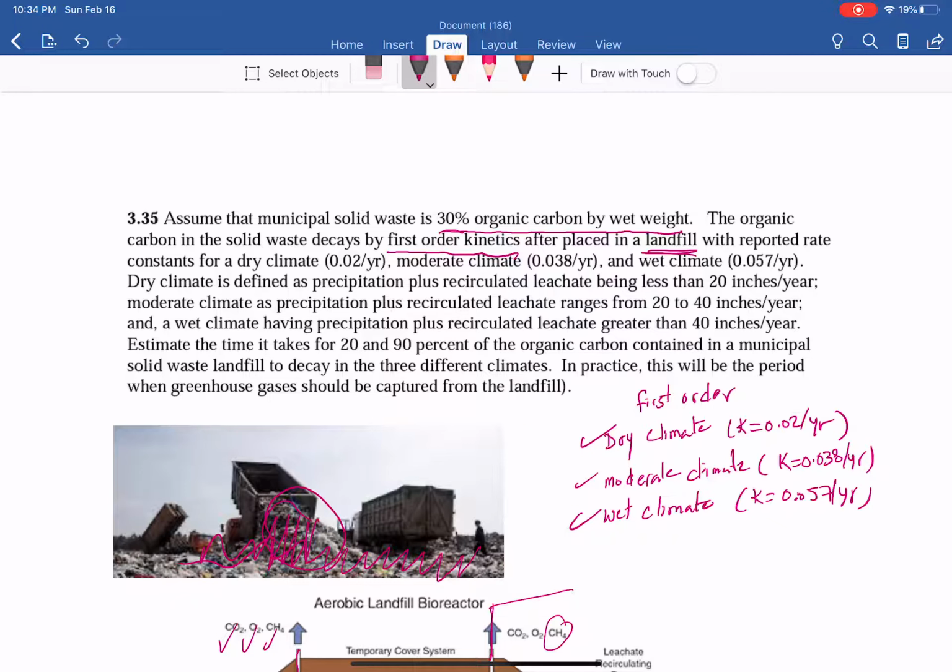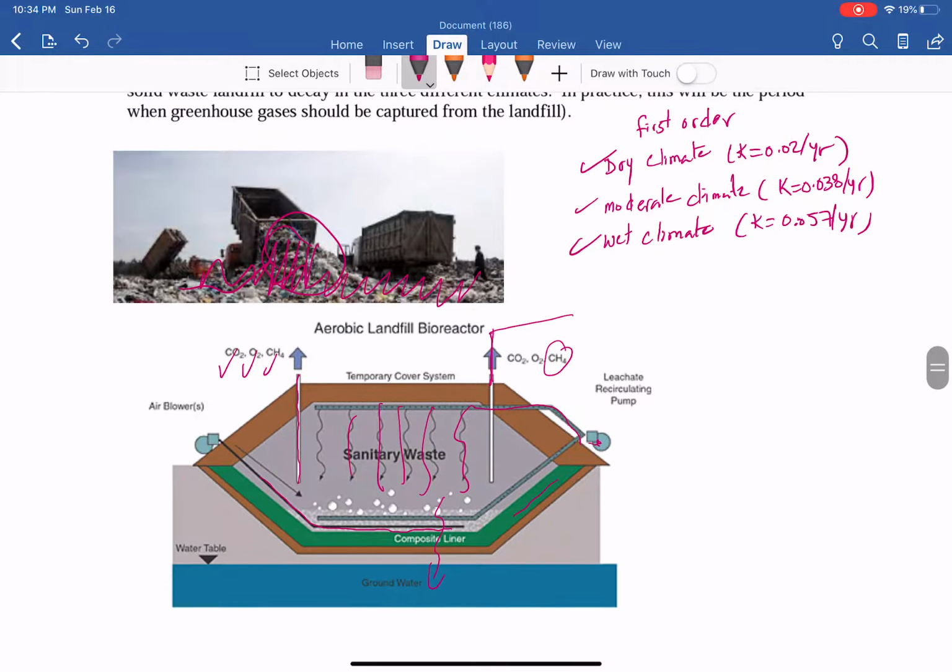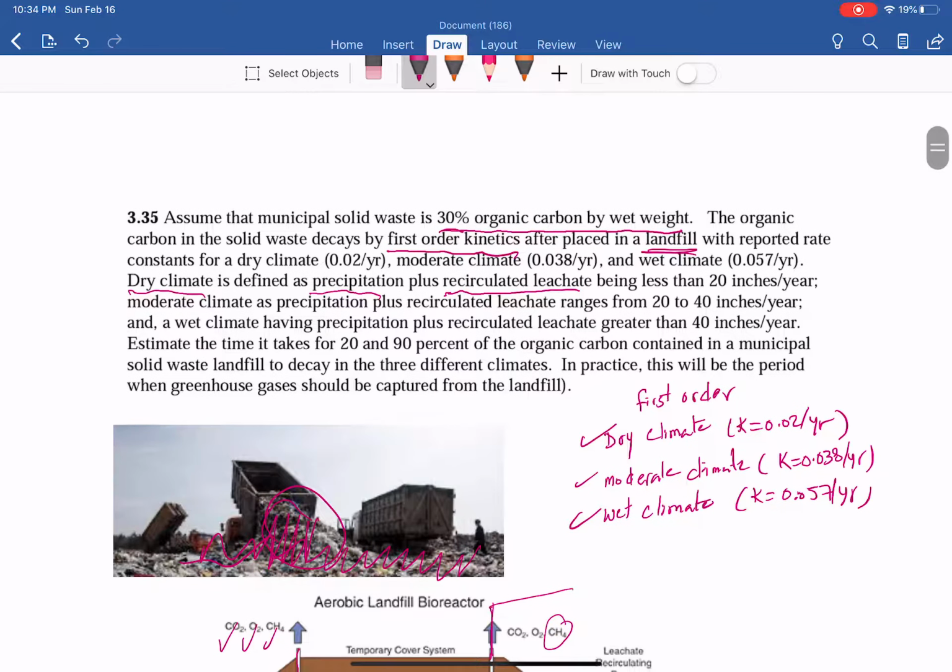Okay? Look at the way that he defined dry climate. It's defined as precipitation, rain, plus recirculated leachate. Remember? Rain plus recirculated leachate. Leachate that's being created because of anaerobic degradation of the organics in the landfill. So precipitation and recirculated leachate being less than 20 inches per year.